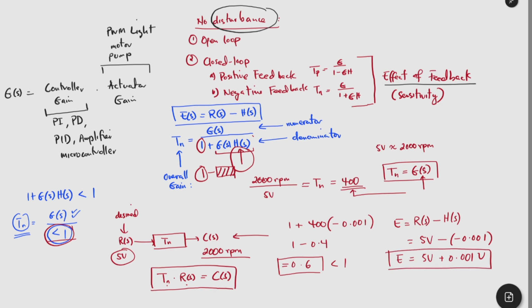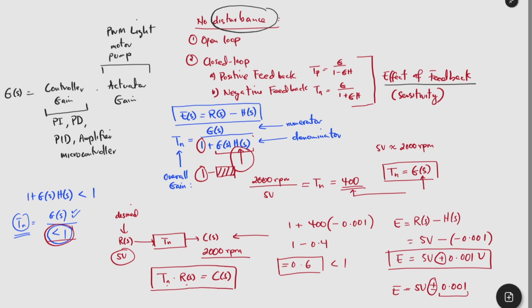And with positive and negative feedback, in most cases the error will be equal to 5 volts plus or minus 0.001 volts. The plus or minus can be positive for a negative feedback like we have here, or it will be minus in terms of a positive feedback system. And this is our error, and this can be represented as a percentage error.